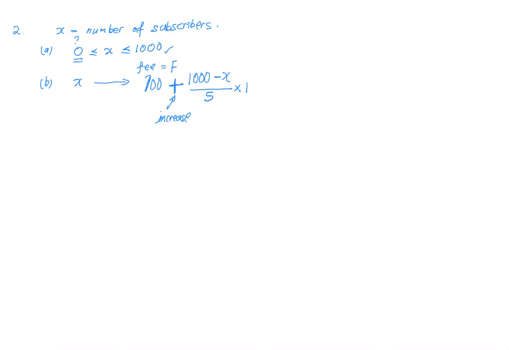Because they say for every increase of 1, 5 subscribers will discontinue. X will be smaller than 1000, so I want to know their difference, how many 5s there are. That's why I divide by 5. Then I times 1. Every 5 who unsubscribe, I can increase the monthly subscribing fee by $1.